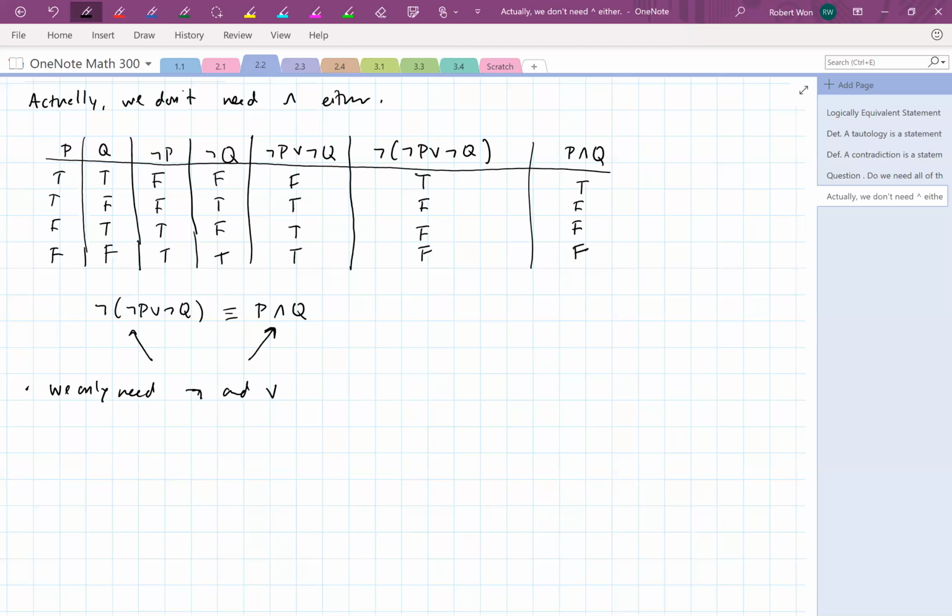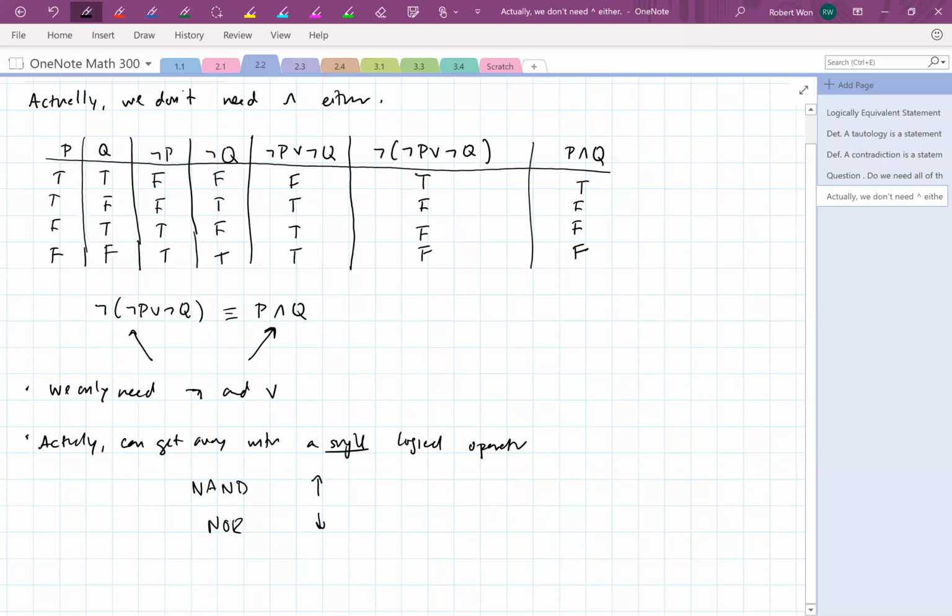It turns out, again just as an aside, that we don't even need both of these. We can actually get away with a single logical operator. Of course, you can't get away with just "or" or just "not", but you can look up NAND, which is sometimes written like this, and NOR, which is sometimes written like this.